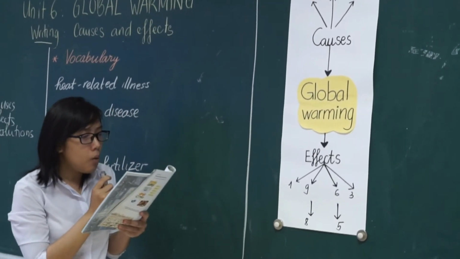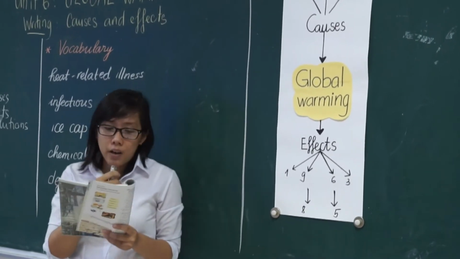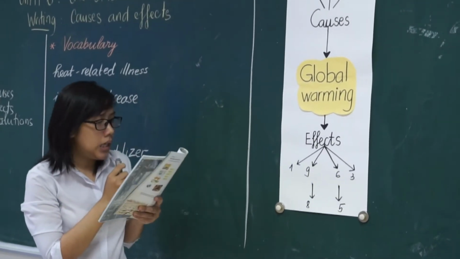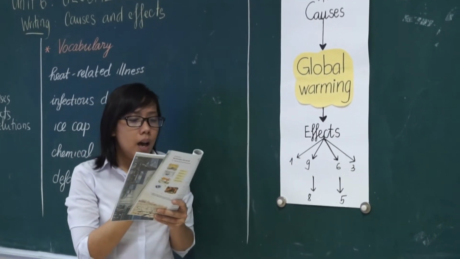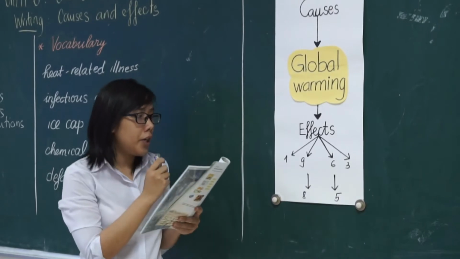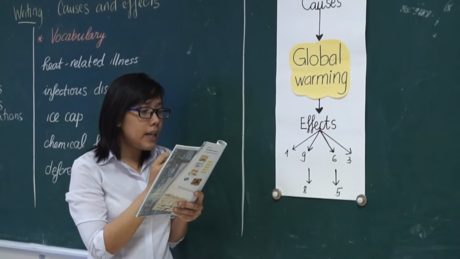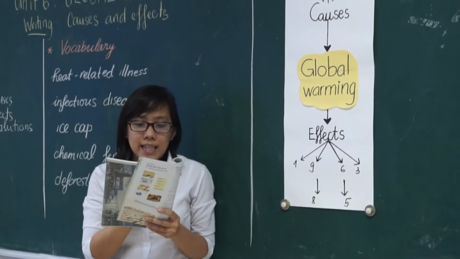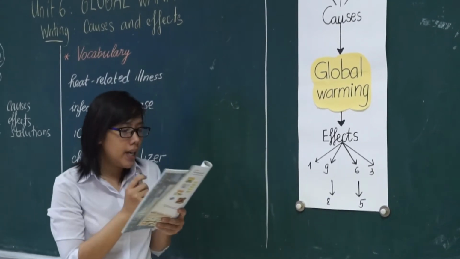These include number 1, heat-related illness, problems related to your health, and number 9, water and food shortages. And these effects also lead to further effects. Number 8, widespread extinction of species. Without food, we cannot survive.